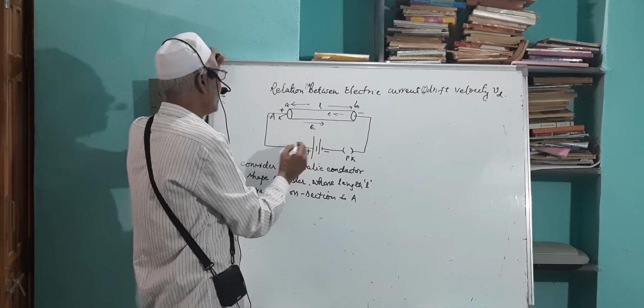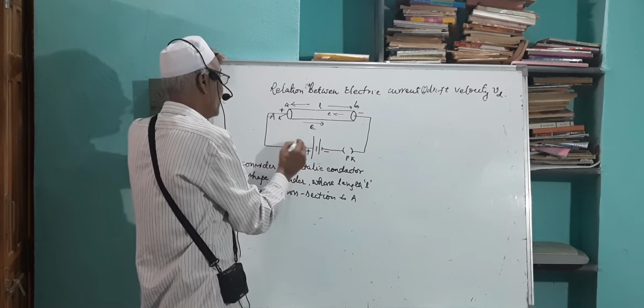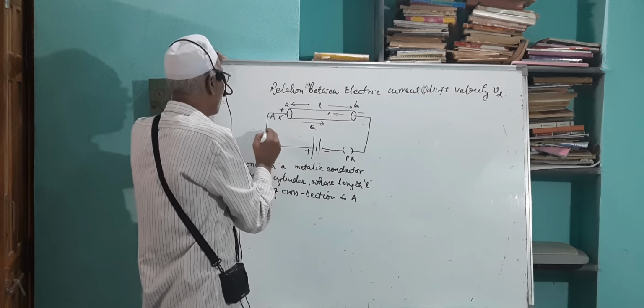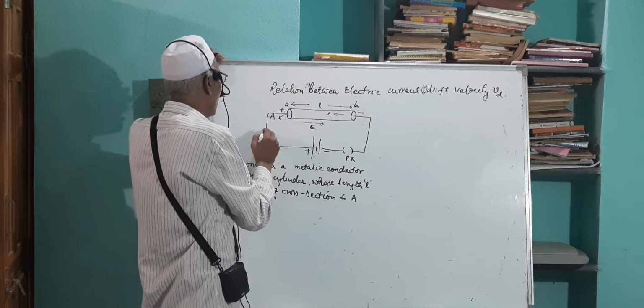Since we are connecting the battery to this circuit, say I ampere of electric current is generated in the circuit.